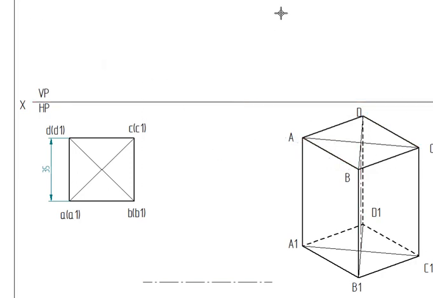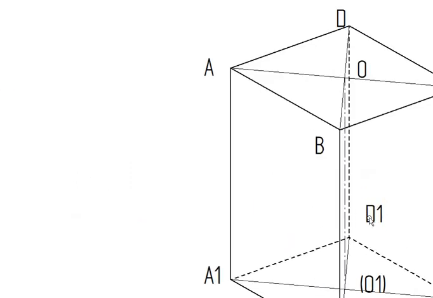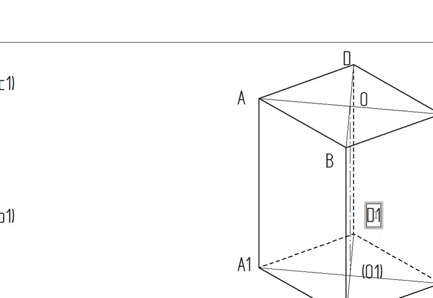I'm going to call this point O for the axis. This is O1, which is not seen because it is at the base. So O1 is not visible. Similarly, the line joining D1 is not seen. When the line joining is not seen, we keep the annotations inside brackets.